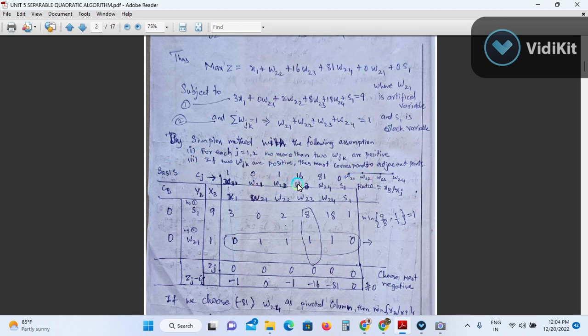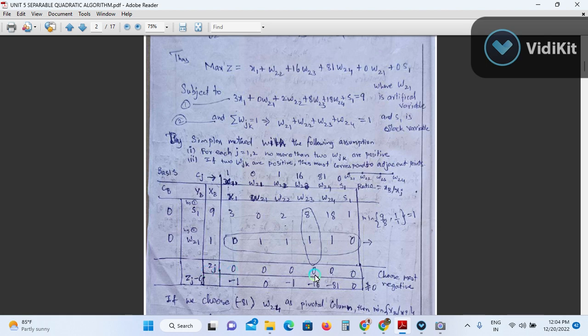Now, as usual, what is the next step in the simplex method? We have to take the products, that is, compute zj. What is zj? Nothing but cb into the corresponding column, product it and sum it up. So 0 into 3 plus 0 into 0, that is zj. Similarly 0 into 0 plus 0 into 1. Similarly 2 into 0 plus 1 into 0, sum it up, so it is 0.